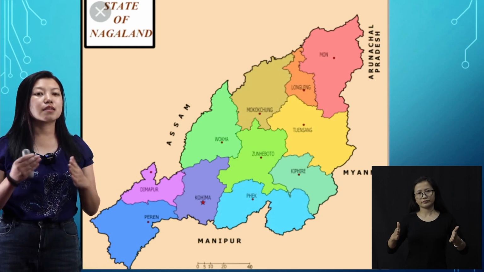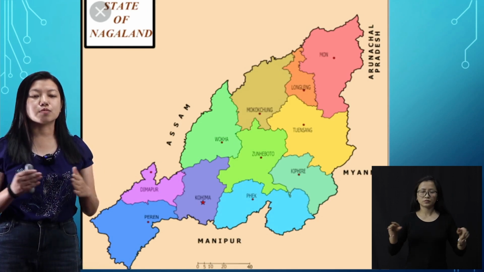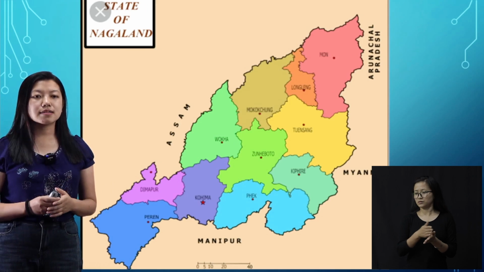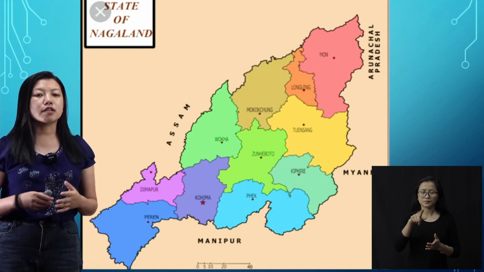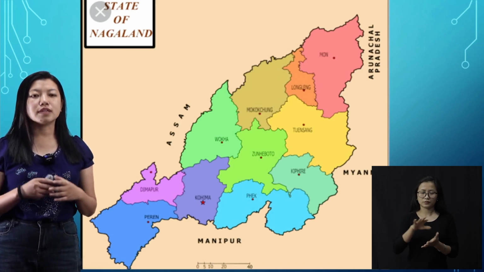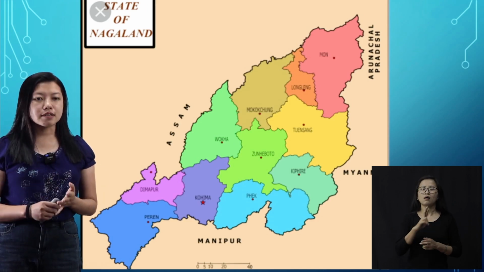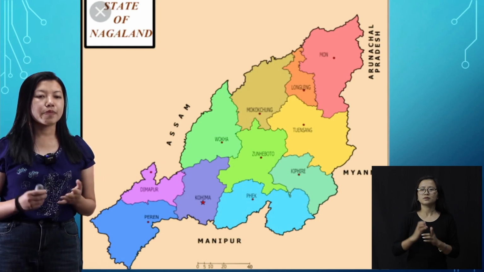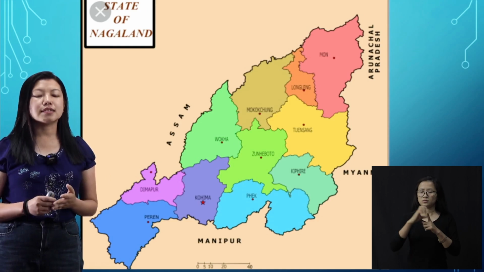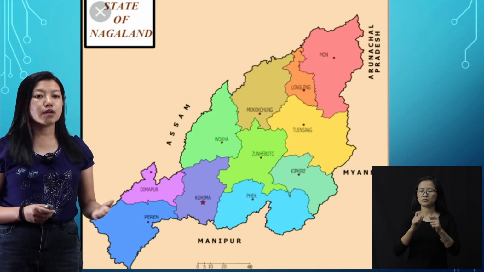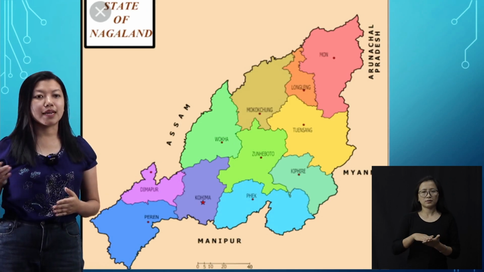Now again, subdivisions are divided into small parts known as circles, okay? Now whoever takes care of these different divisions are DC, District Commissioner, SDO, ADC, and ESC. Anyway, I'm going to let you know about that later on.